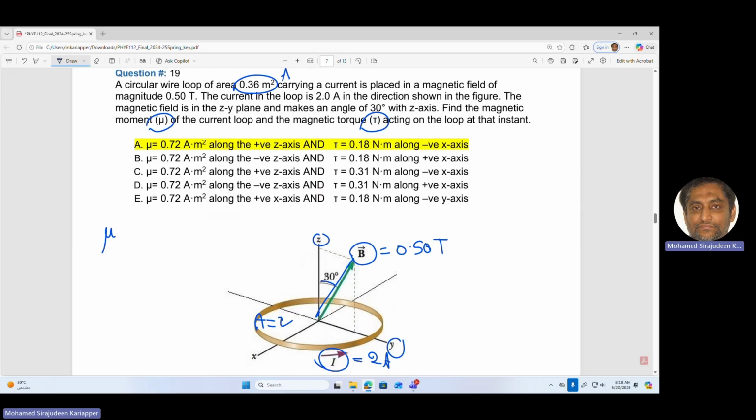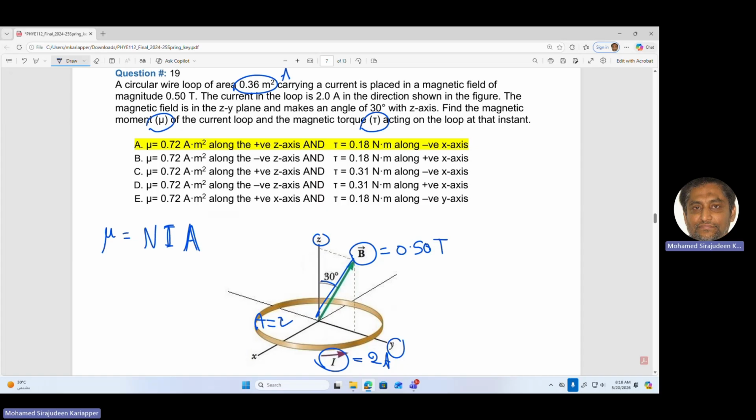The equation is mu equals N I A. N is the number of loops. You can have not a single loop, it can be coils, many loops. I is the current in the loop. A is the area of the loop. So simply substitute and get the answer.